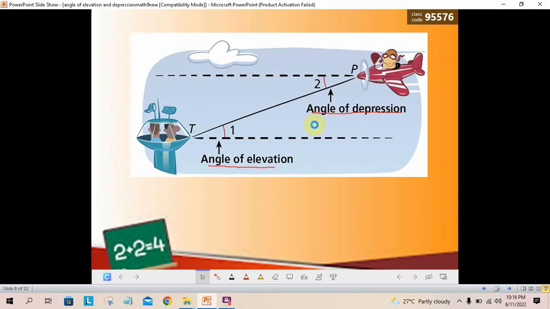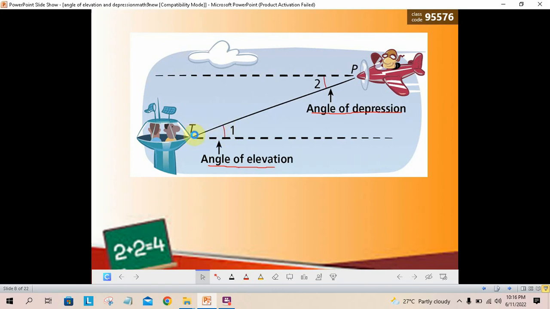I hope that you have already understood the definition of the angle of depression and angle of elevation. We have here a diagram, and we have here the observer, point P, and this is the horizontal line, and this observer will look down. This is the line of sight, and the angle formed is called the angle of depression. And this is angle 2. While observer T, you have here angle 1.